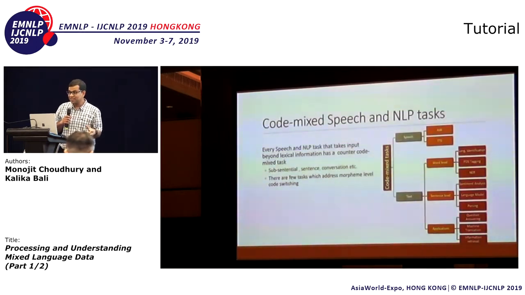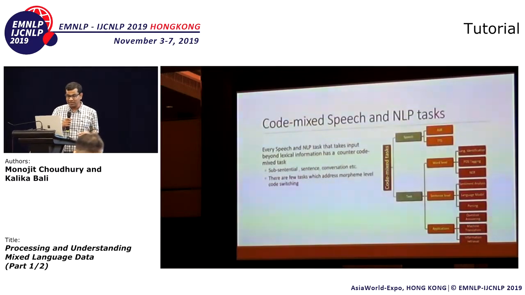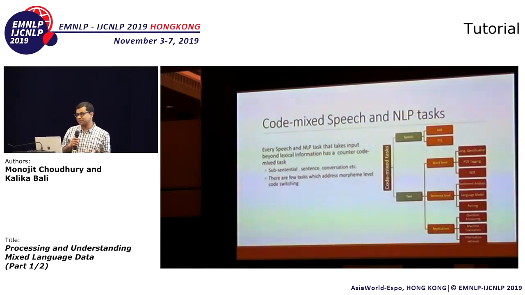In machine translation, you are giving text from Twitter or any kind of feed which is multilingual, code mixed. And in information retrieval, same as question answering, the query is multilingual. So how do you answer this? These are the primary tasks.